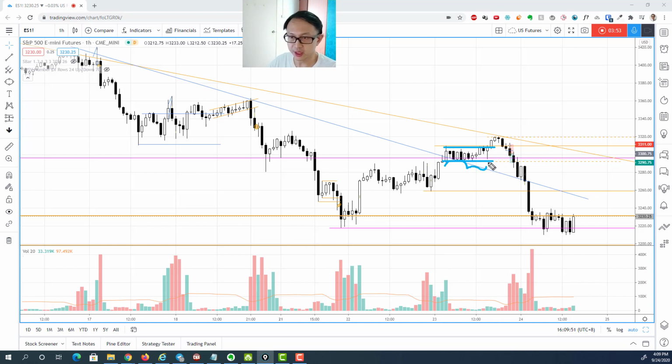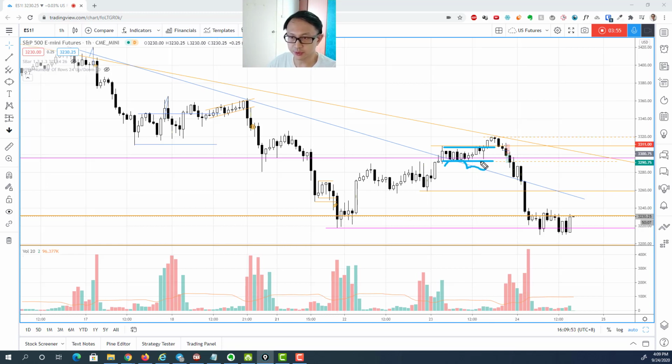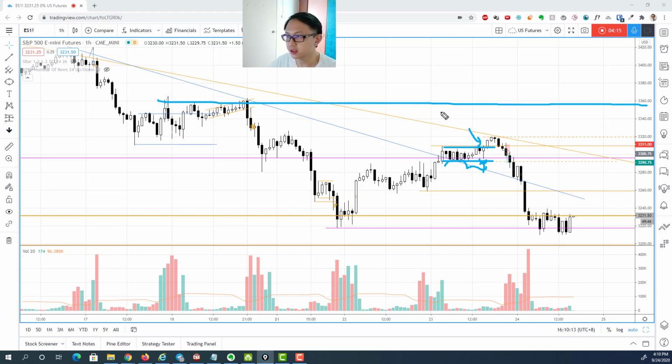We can see that right after a spring type setup with this hammer bar, we have this breakout here, and subsequently it didn't really sustain. In fact, my speculation yesterday was for a bullish case so that we could test this 3360 immediate resistance line, based on this prior supply zone and also the resistance.